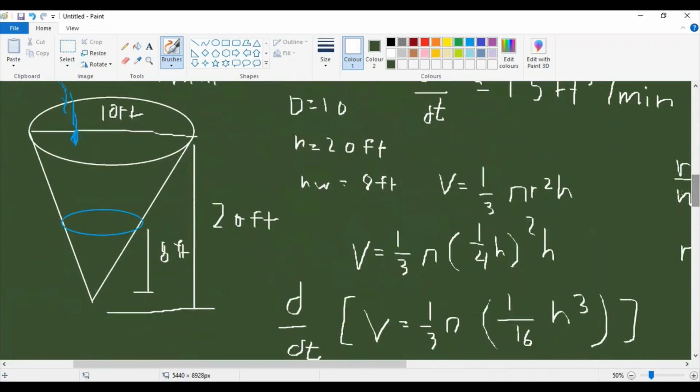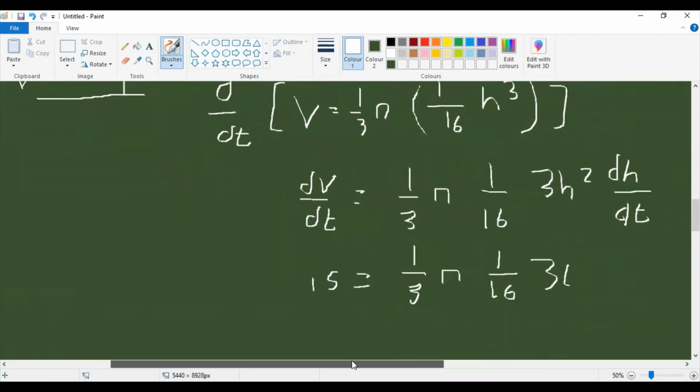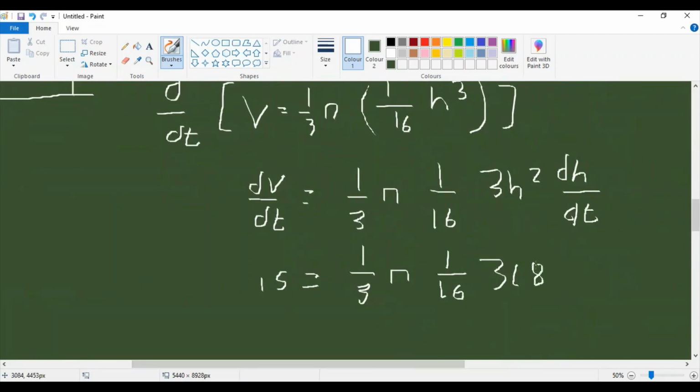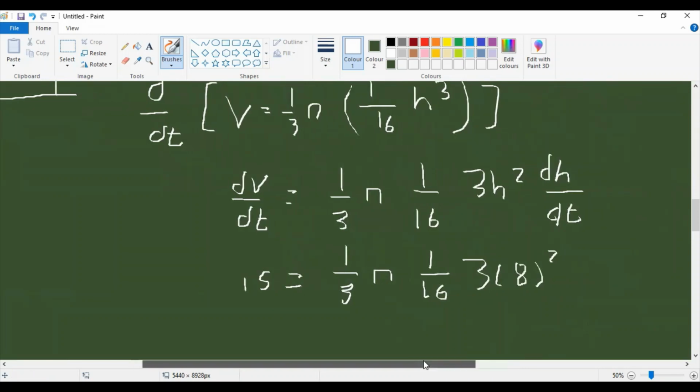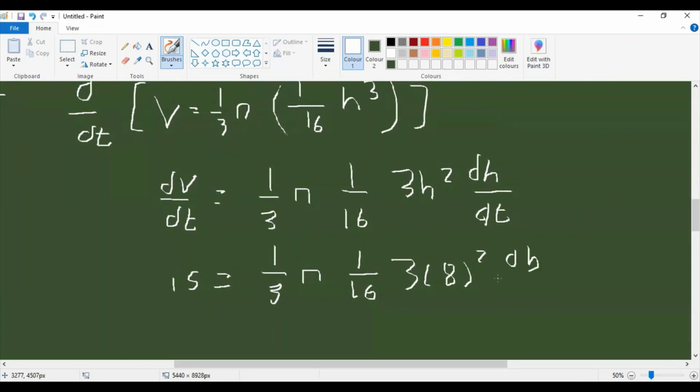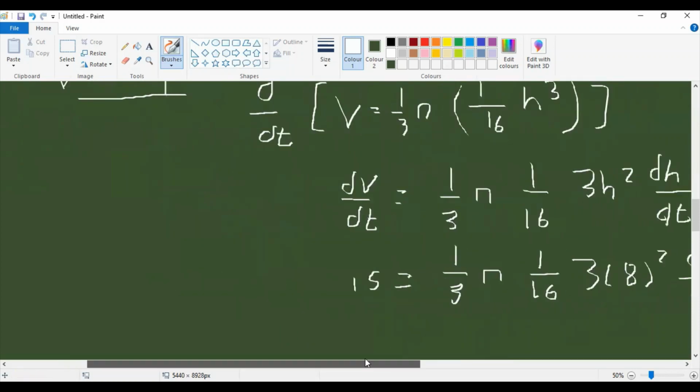And we are looking for how fast this is rising. For short, that's the rate of change, right? We are looking for the rate of change of this one, so we need to put the height of the water in here. So that's 8, and square it times dh over dt. Since we are looking for the dh over dt, or the change of height of water in the cone.